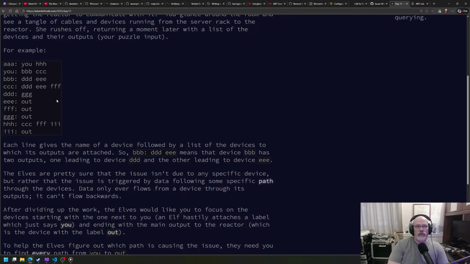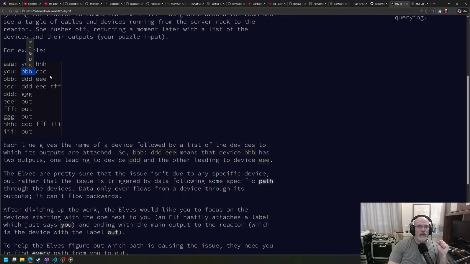I think what you could do is you could simply just follow the flow from U. Like you parse the input and you say for each node, where could it go? And so you have the key is the node, the values are a list of other nodes that are the next direction. And so we start with the node that starts with U and then say, okay, go to the next one.